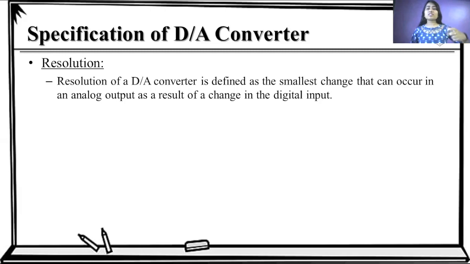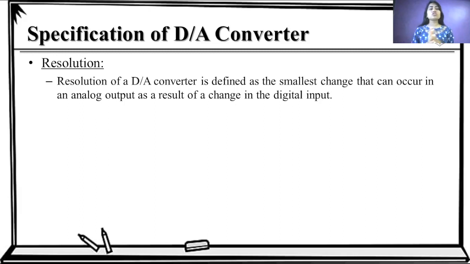So there is a difference in analog output when we change this digital input, right? This difference of analog output is known as the resolution. Here we have an analog output difference of 1 volt. So this 1 volt is known as the resolution of that converter.